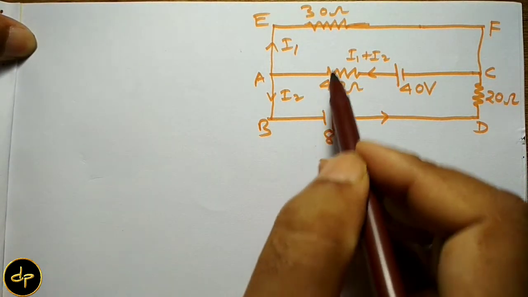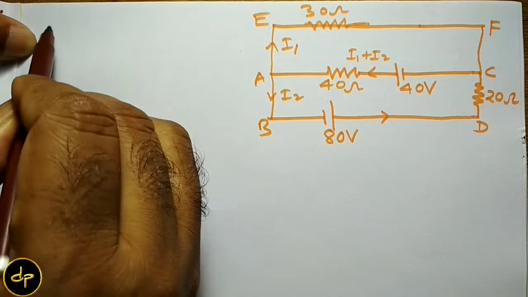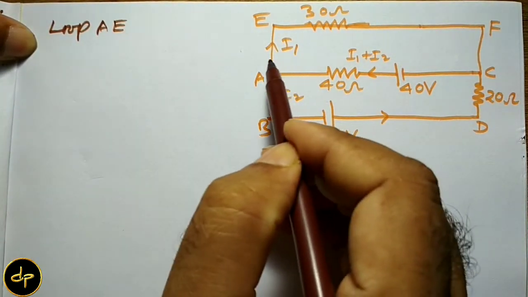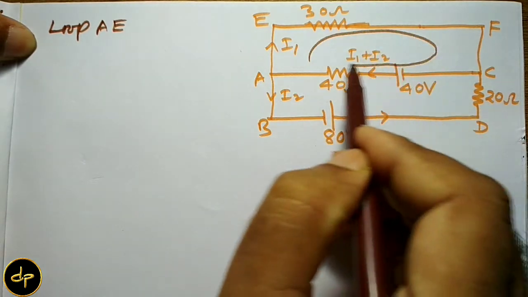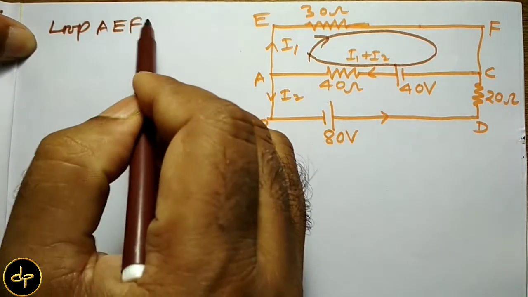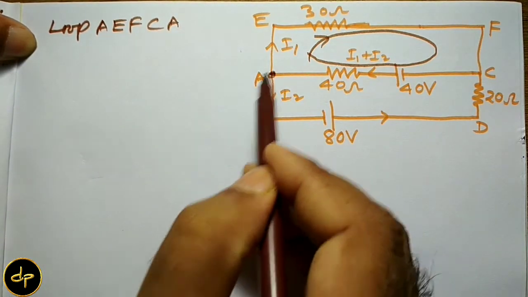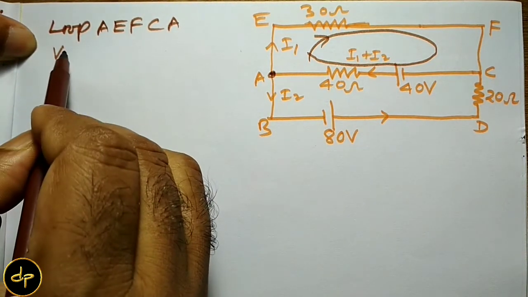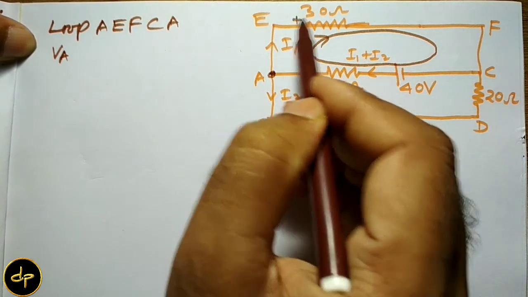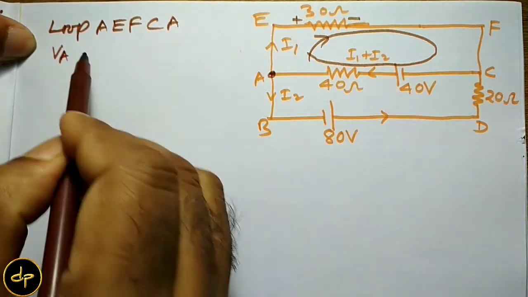Let us select a loop, that is AE, this line, this loop. We select AEFCA and start from any point. Let it be VA, potential at A, and we will go in this line. So this is a drop of potential because current is in that direction.